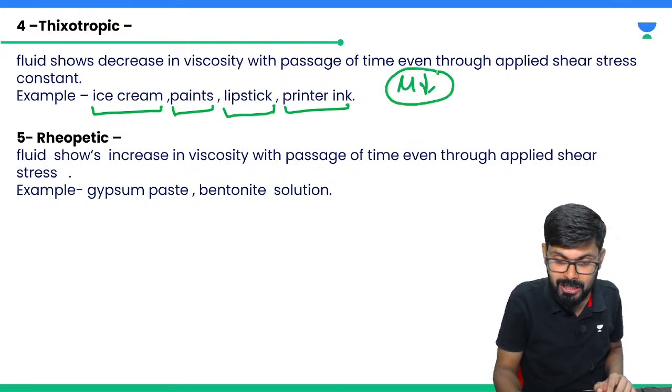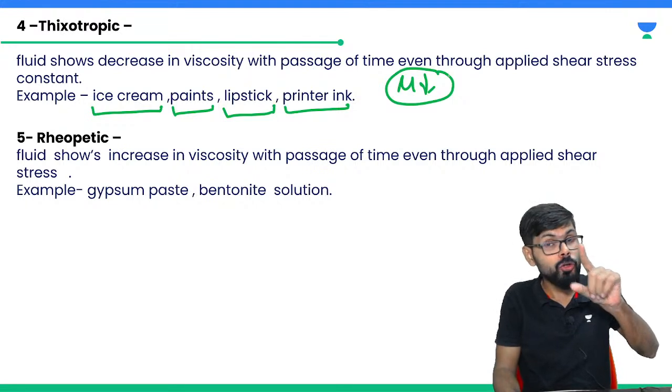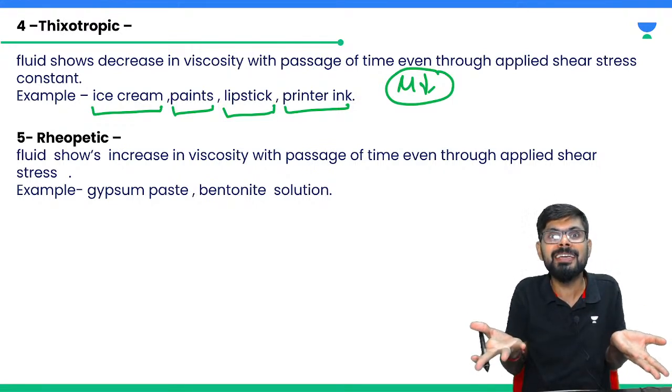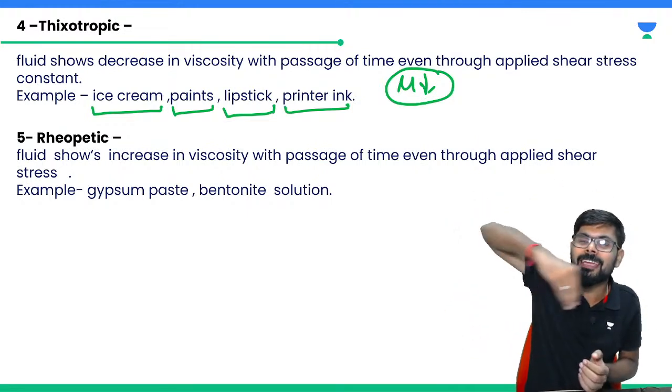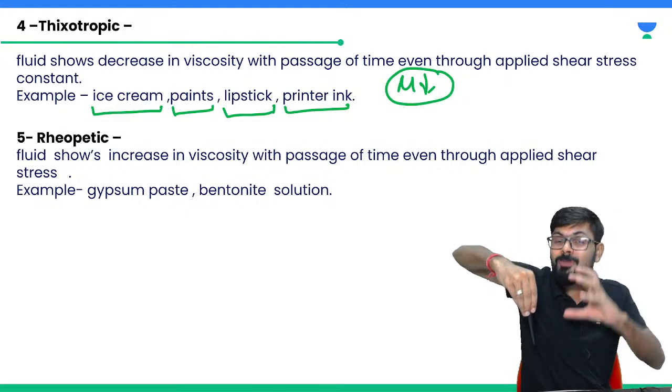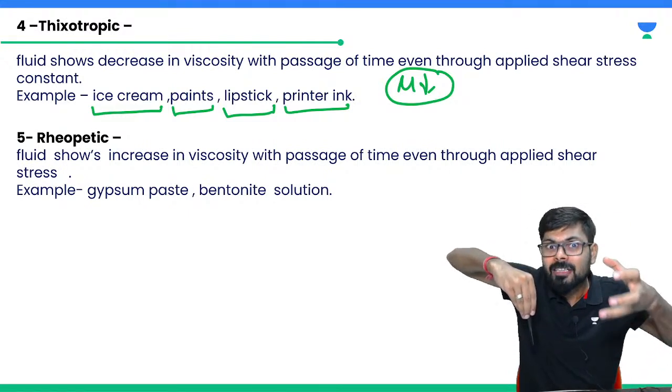But it is not because of du by dy, because du by dy is constant. You are applying constant du by dy, constant temperature, only with respect to the time of applying du by dy.